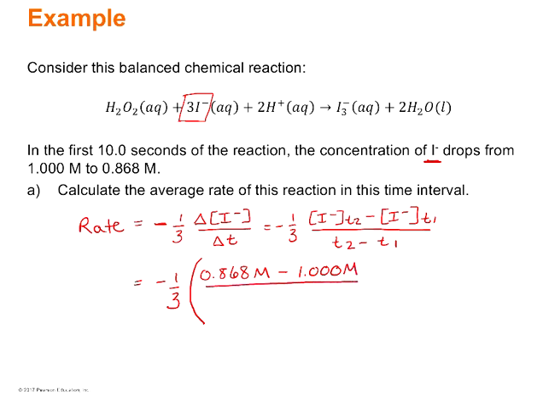And then we're dividing that by time 2, which was 10 seconds, minus time 1, which was 0 seconds. Because it did state that we were in the first 10 seconds, so we'll just take 10 minus 0 there.